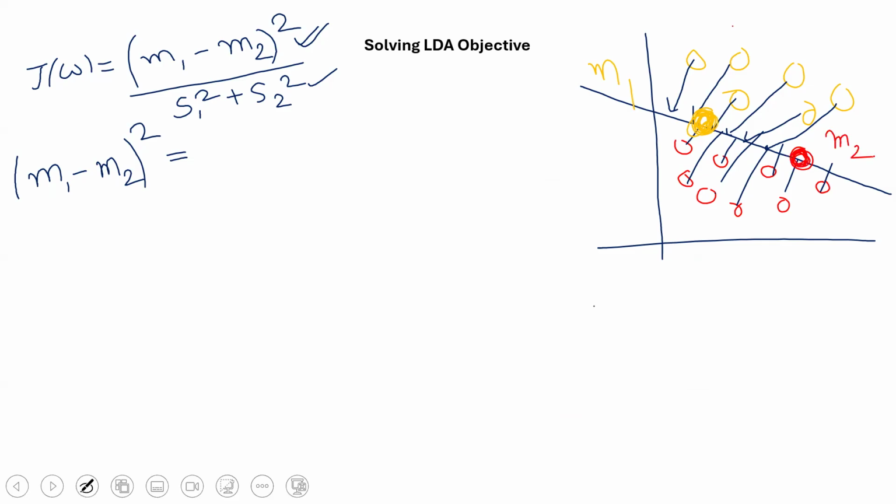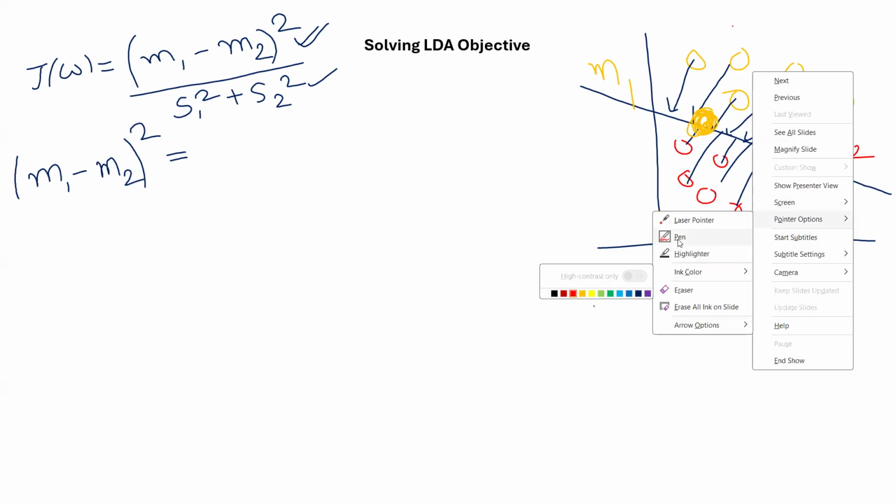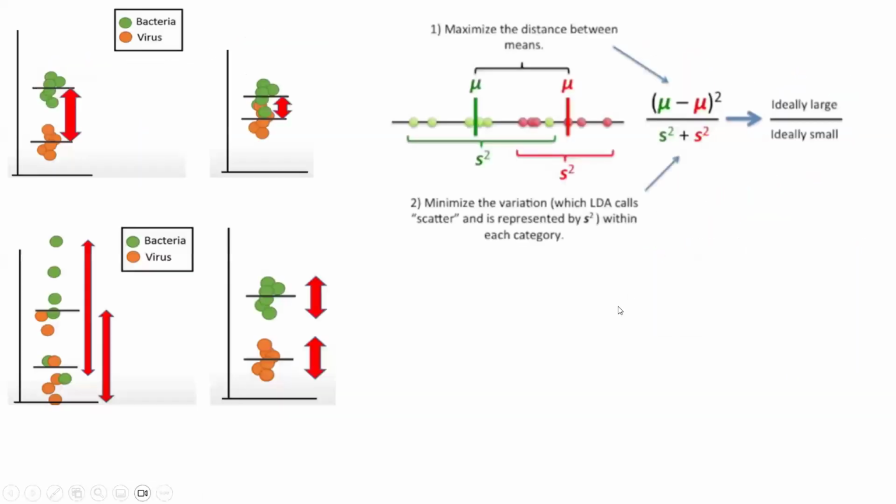How are we actually discriminating them? If you go back to the previous slides, we projected these points onto the new dimension, and these are the means of the projected points, and we are trying to maximize these means.